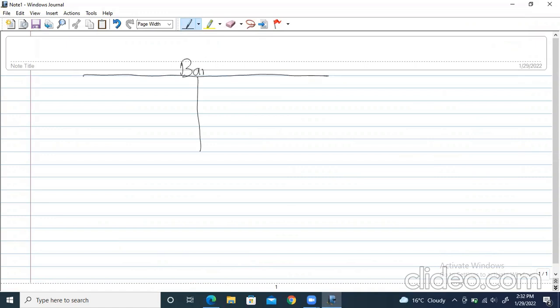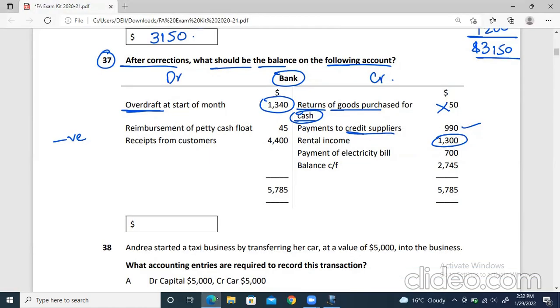Sorry, rental income: we will do debit bank because we're receiving money, and we're doing credit rent income. Why did we credit rent income? Because remember I told you in group 2 there was a word of income as well: sales, income, capital, liabilities. Any kind of income also increases on the credit side. So that's why we do this entry.